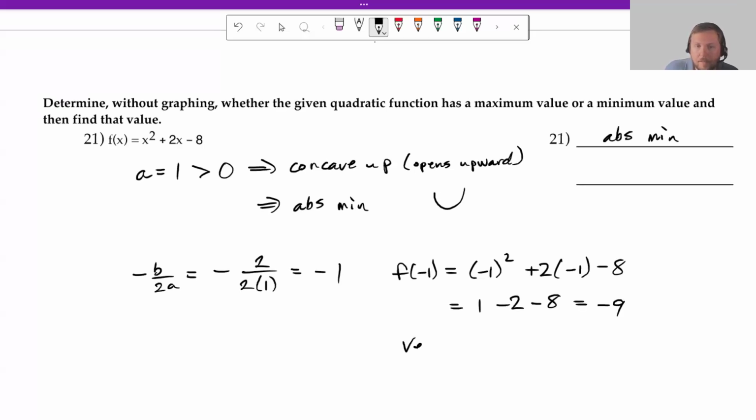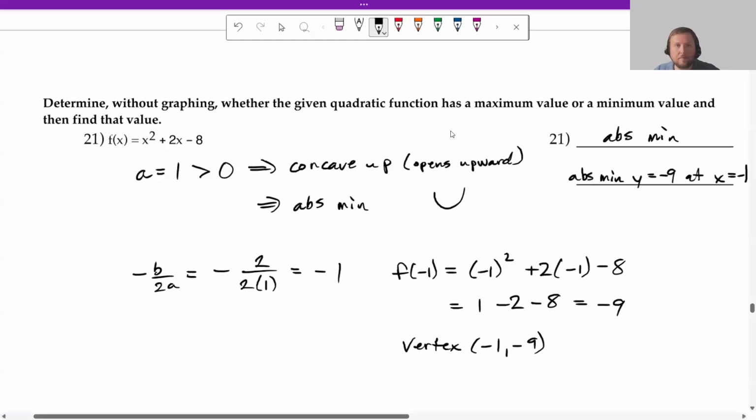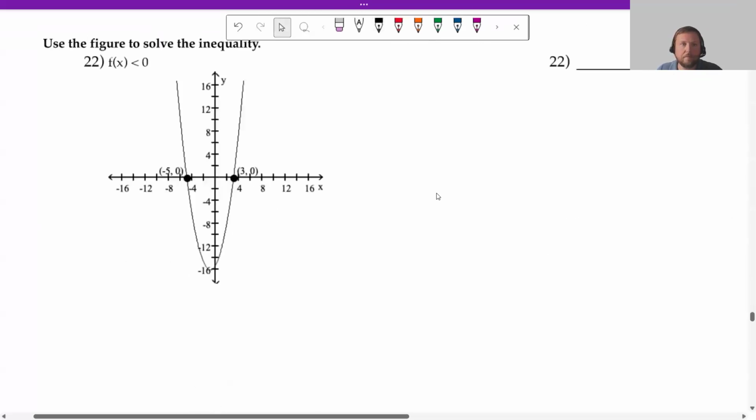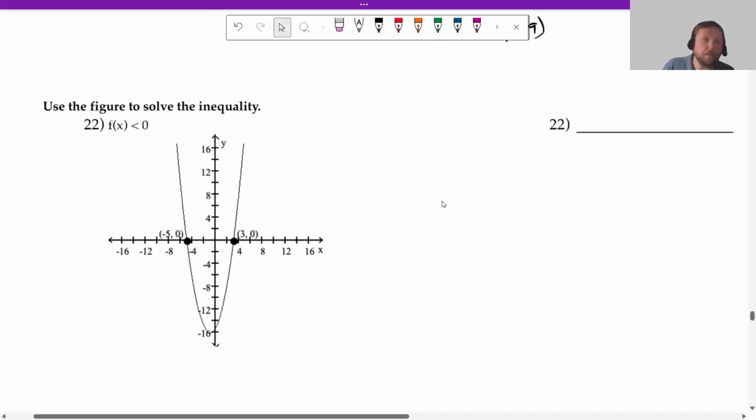So my vertex is at negative 1, negative 9. So then I have an absolute min of y equals negative 9 at x equals negative 1. Okay. Use the figure to solve the inequality, and it's saying f of x is less than 0.